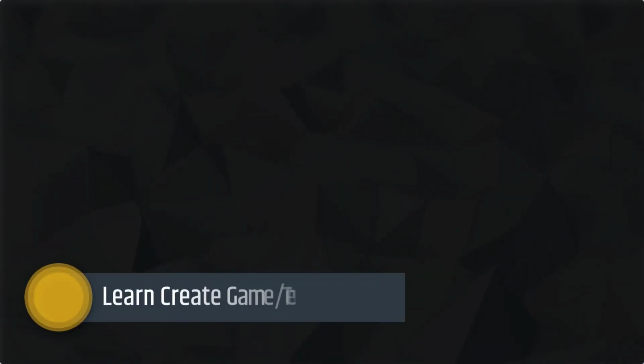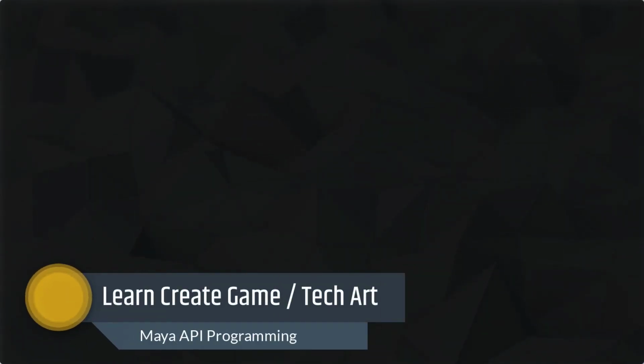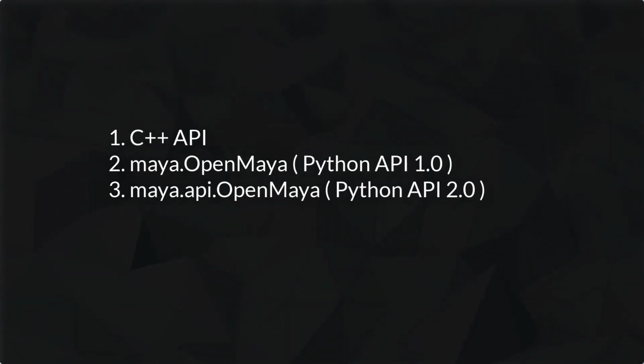But let's briefly touch on the Maya API and what options are available to you. The Maya API is designed to be as high performing as possible and results in a plugin for Maya. Maya ships with three choices that you can choose for API programming. The first choice is C++ API.